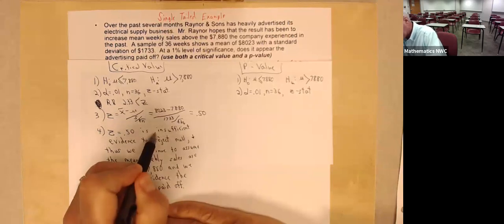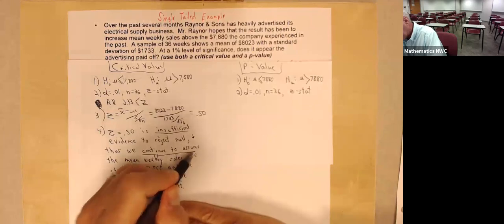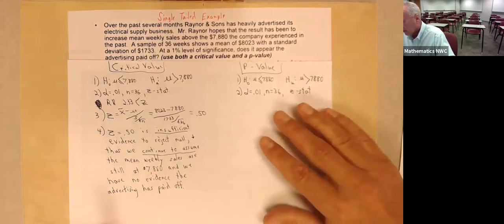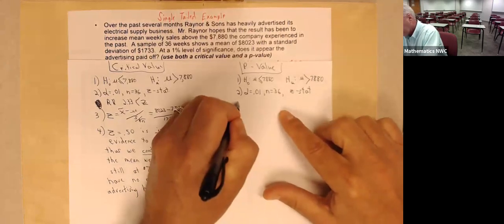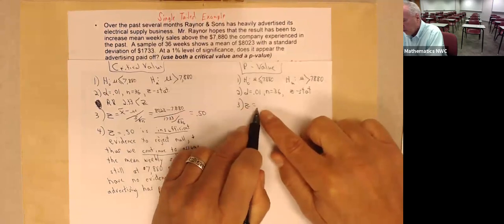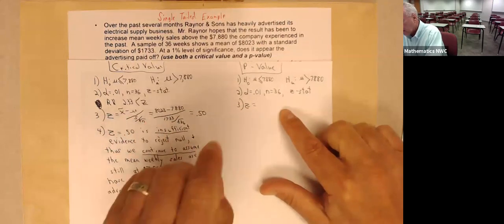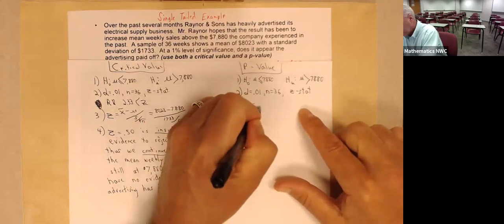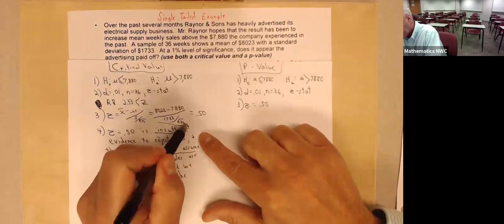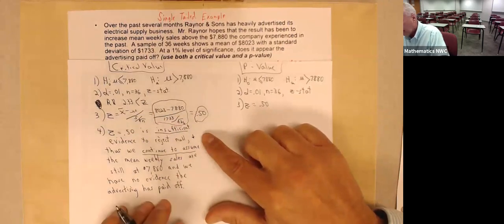Key phrases: insufficient evidence, continue to assume. Those are key phrases that we must have. Going over to the p-value, I would have listed my formula just like I did here. I would have listed the substitution, and I would have made the conclusion. Again, I want to emphasize, make sure you can get from this substitution to the actual value.